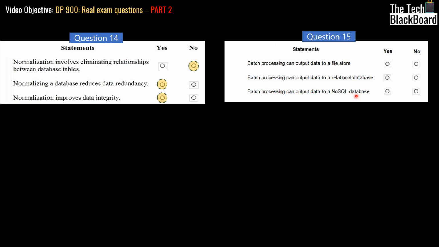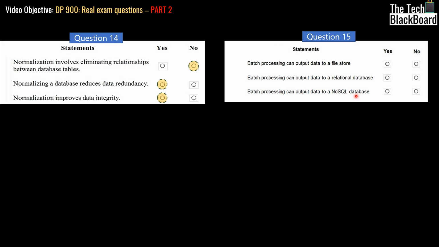So guys, we touched upon batch processing in our first part. Batch processing is basically when you process a lot of data in chunks or batches. And if you look at it from the context of Azure, then batch processing is a process which can output data to multiple data stores or data types or data targets, right?